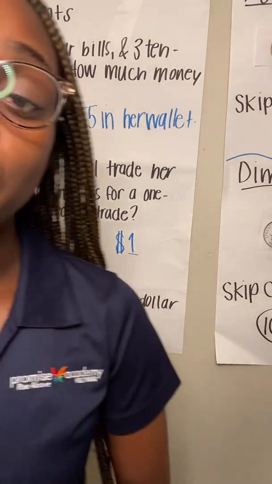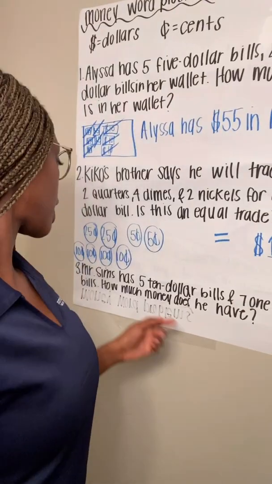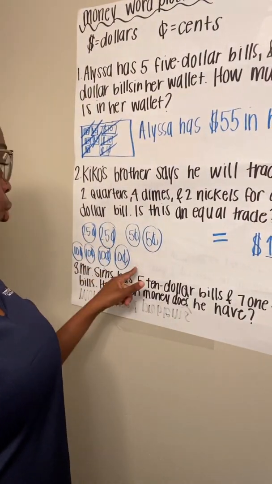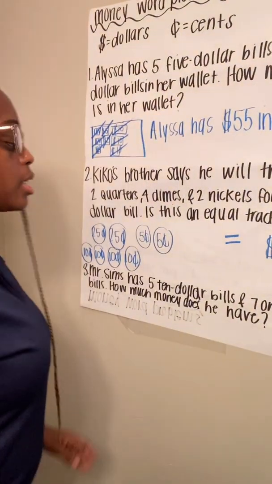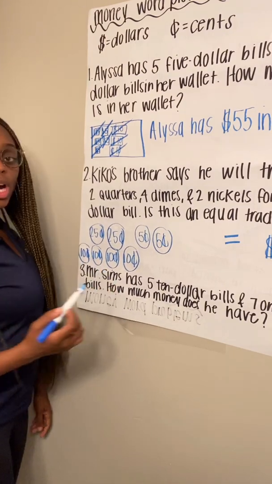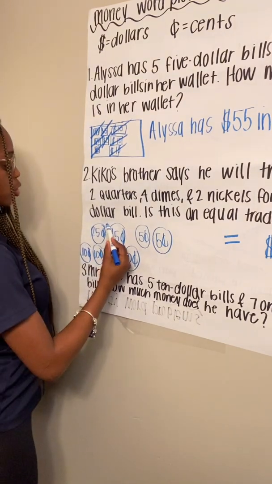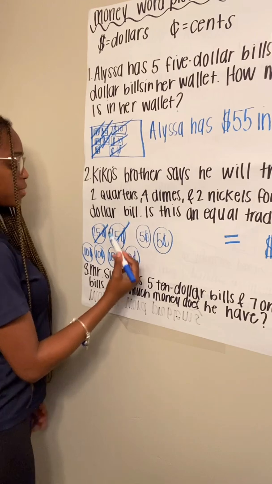Now, before I move on, I have to know how much is 2 quarters, 4 dimes, and 2 nickels. So that means we have to add them. We've learned from previous days that we count them and we cross them off, and we always begin with the biggest coin first. So, cross it out as we count. 25, 50.